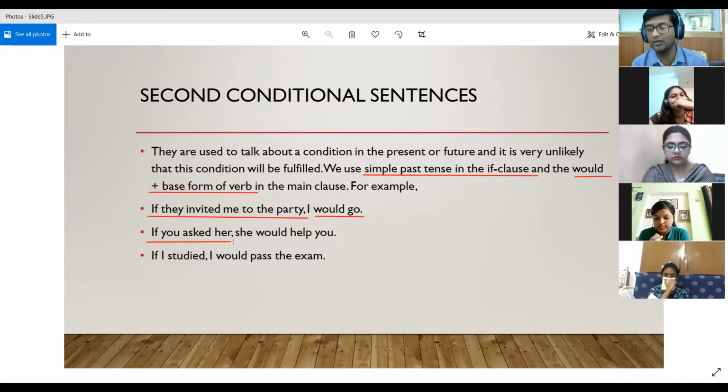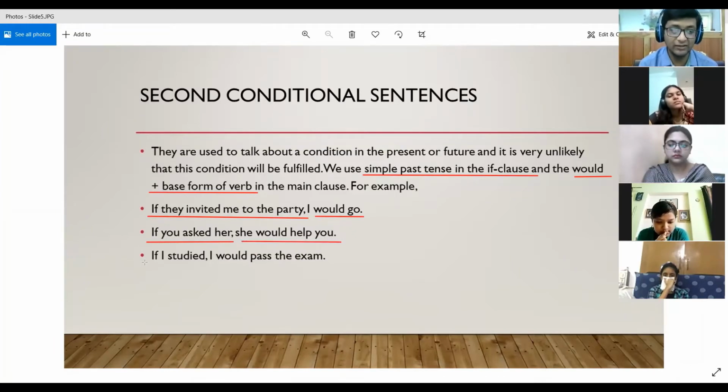It is very uncertain that the condition is going to be fulfilled, because maybe that person is not willing to ask for help from her, right? So if you asked her, she would help you.